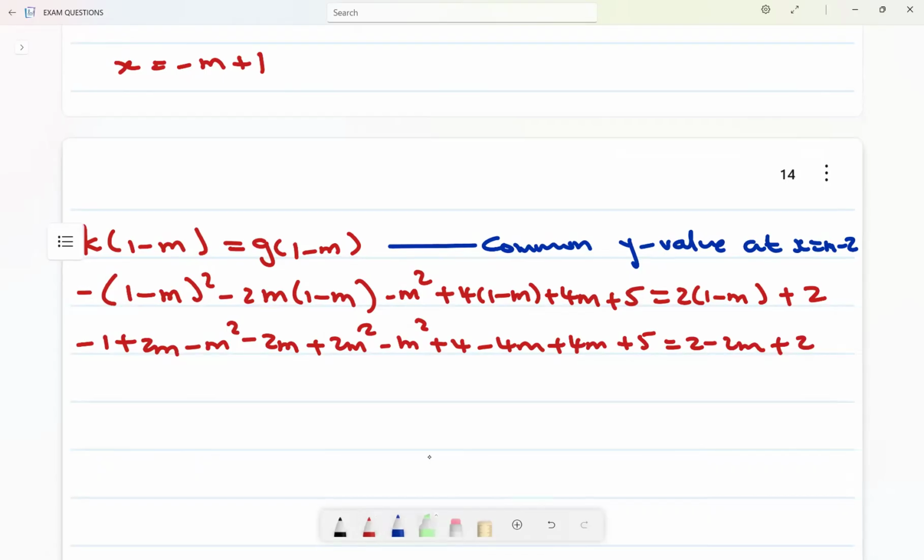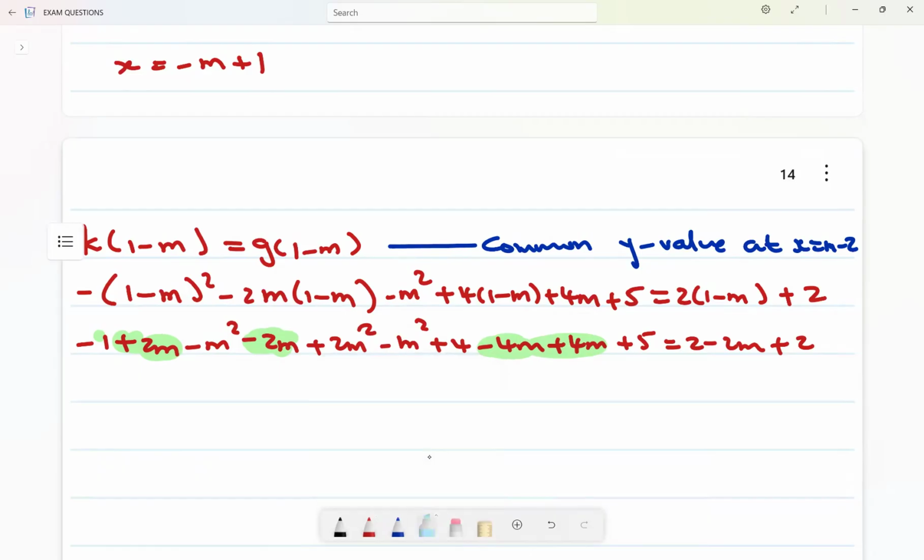Okay, plus 2m minus 2m, they cancel. And then negative 4m and 4m, they cancel. And then I'm just left with negative 2m like that.